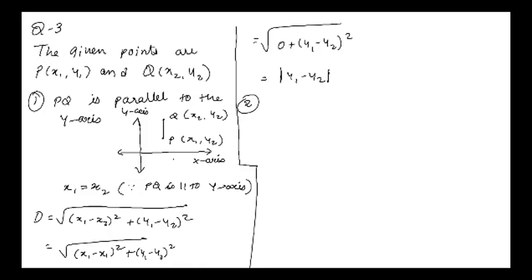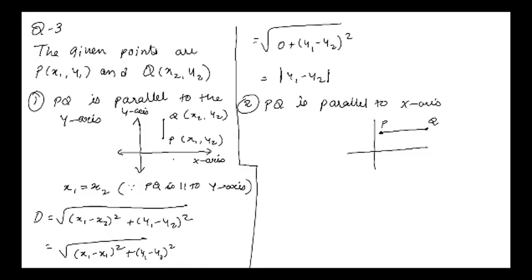Here the next case given is now PQ is parallel to the x-axis. So we'll plot this condition on the Cartesian coordinate system.